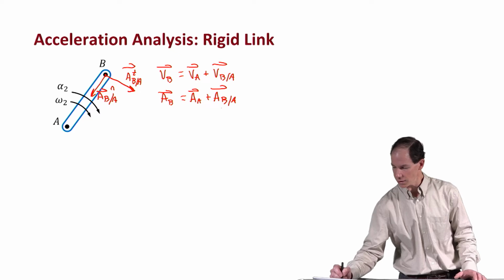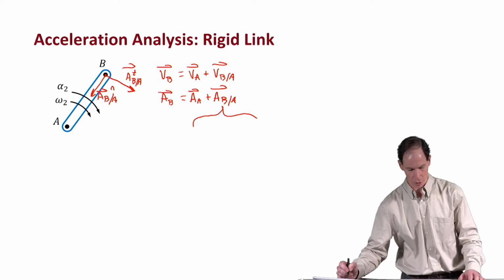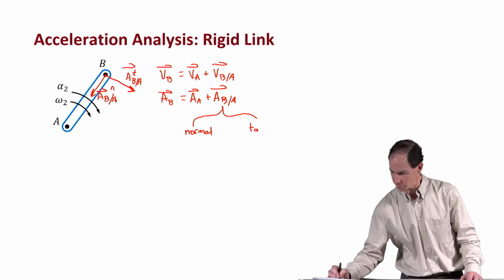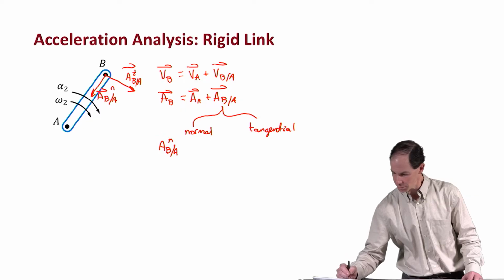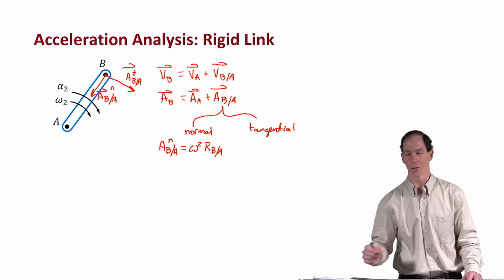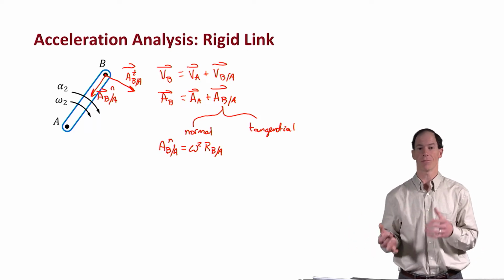So recognize that I need to break down this acceleration of B with respect to A into two components, which are the normal component and the tangential component. If I express these, the expression for B with respect to A normal is equal to, and I'll leave the vector hat off for now, in just magnitude, omega squared times R_BA, the radius vector to B from A. So this is omega squared times R. That's our centripetal acceleration.